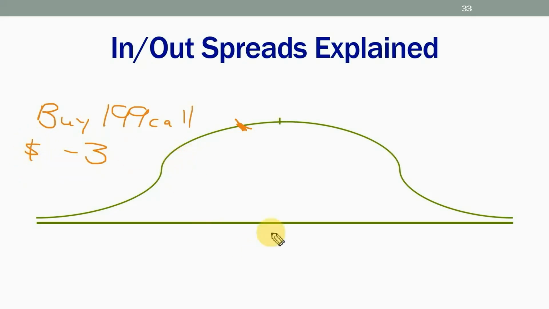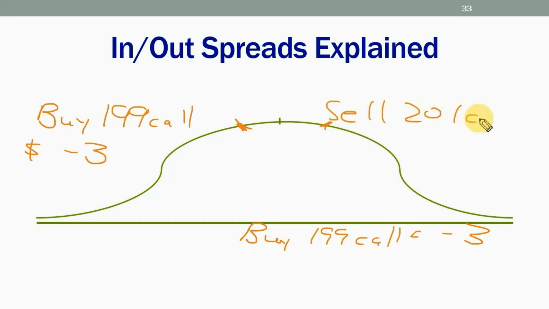So we buy a 199 call, trading for $3. Simultaneously, we're going to sell a 201 call.